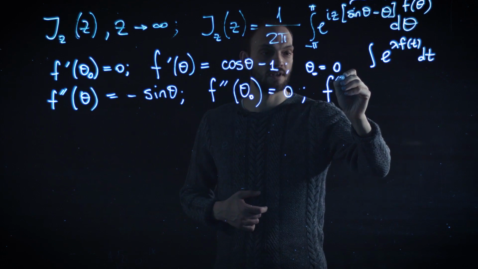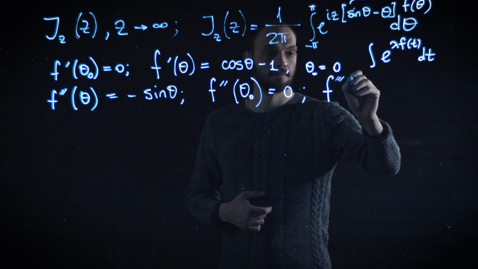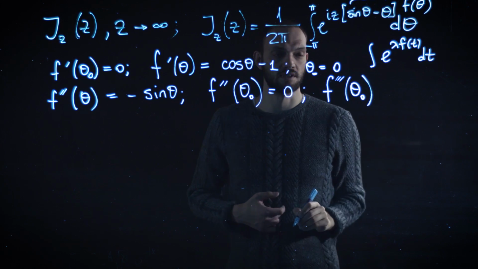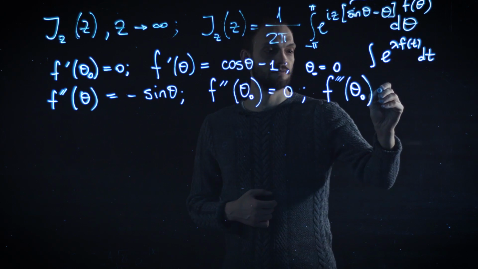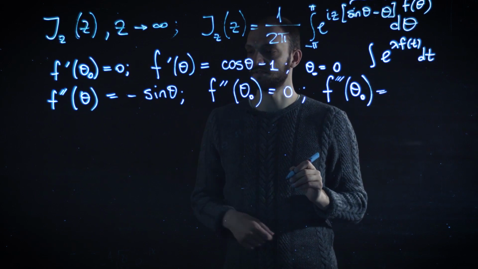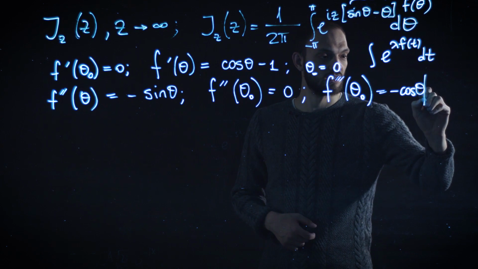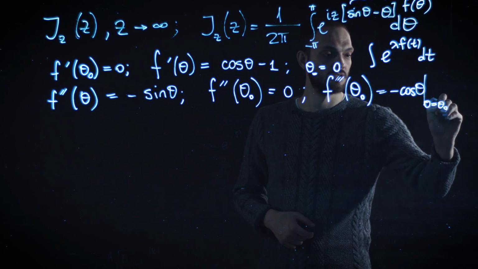This is the third term of the Taylor expansion, and we calculate the third derivative evaluated at theta naught. The third derivative itself is just minus cosine theta, and evaluated at theta equals theta naught, it is just minus 1.